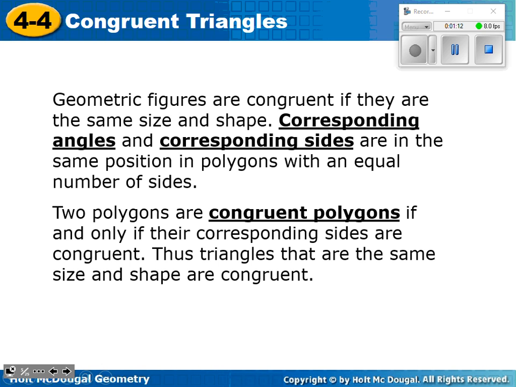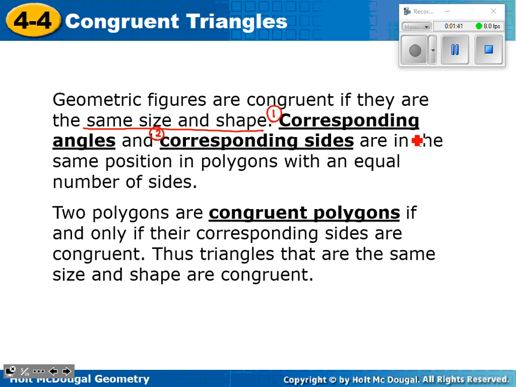Okay, so we're trying to prove that our shapes are congruent today. Geometric figures are considered congruent if they are the same size and the same shape. But more specifically, all of their corresponding angles and all of their corresponding sides must be equal or congruent.